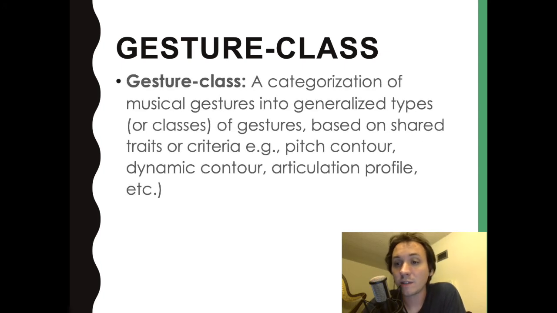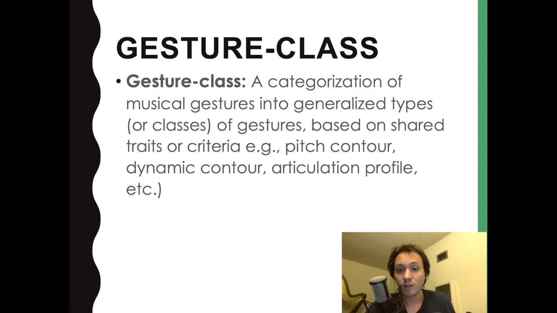In order to take this idea of musical gesture and abstract it into more generalized units, which is useful in both composition and analysis, I propose the idea of a gesture class. This is similar in some ways to a pitch class or interval class, and I define it as a categorization of musical gestures into generalized types or classes of gestures based on shared traits or criteria.